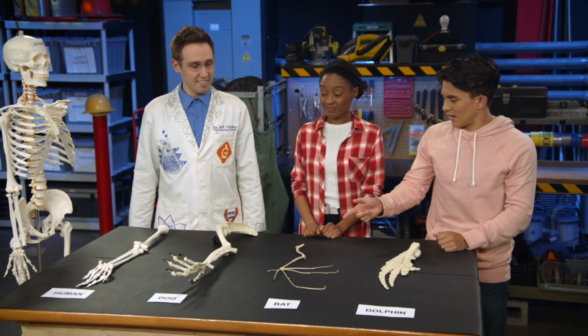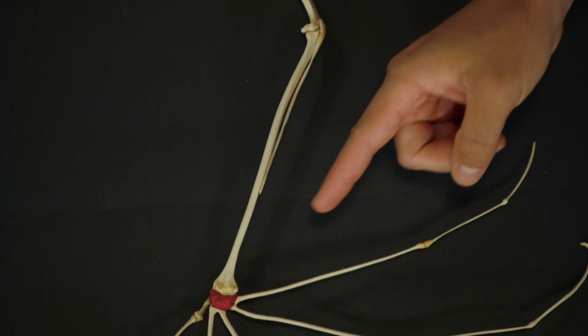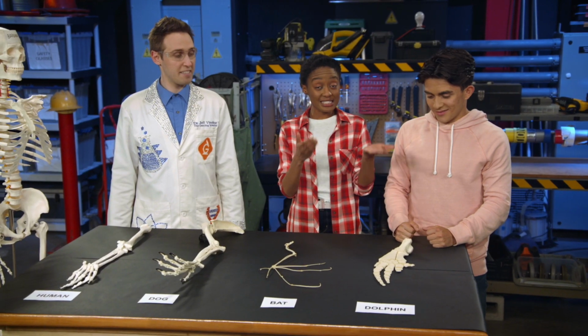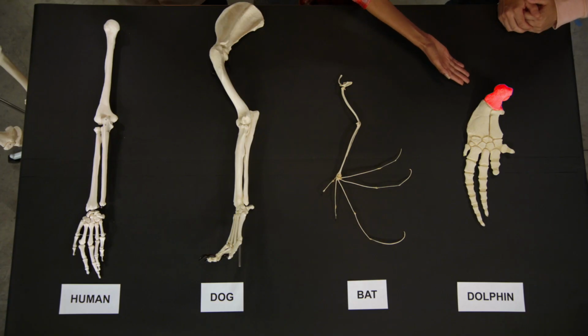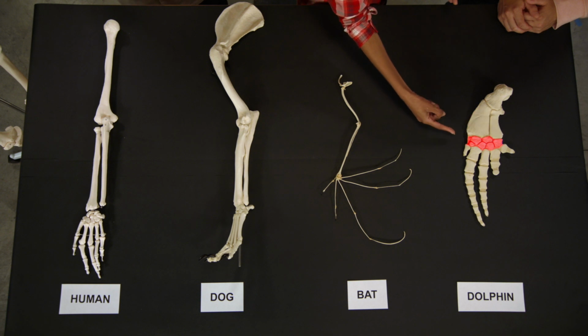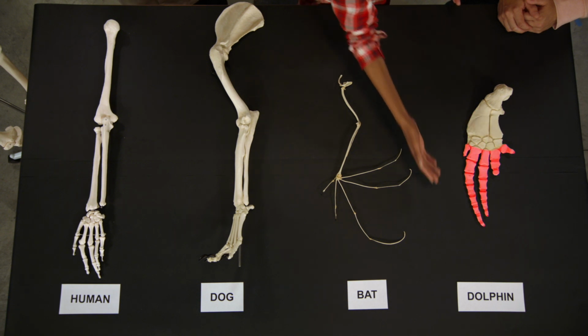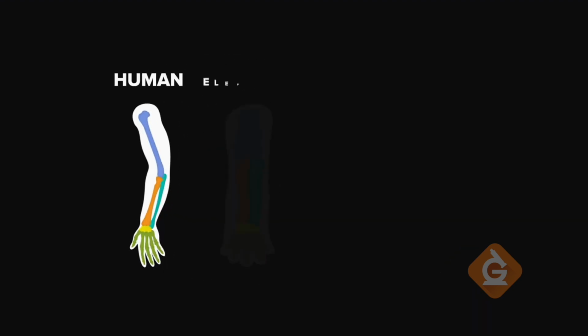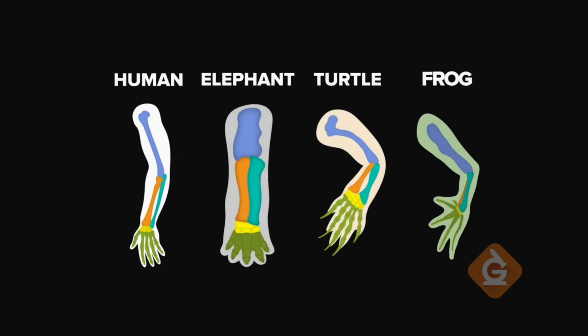Yeah, this bat wing has the same pattern. One bone connected to two bones, connected to a bunch of little bones, connected to fingers at the end. And this dolphin flipper has the same pattern. One big bone connected to two bones, connected to a bunch of bones, connected to finger-like bones. Excellent. We see the same pattern in the arms of many animals, like elephants, turtles, frogs, and more.